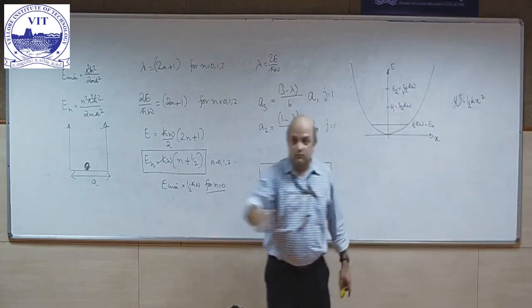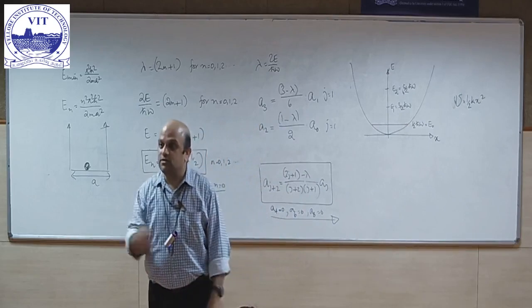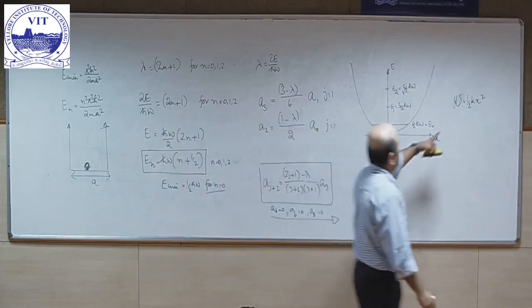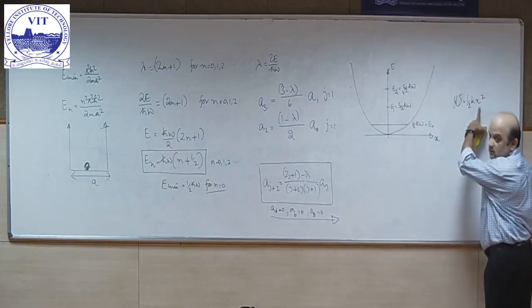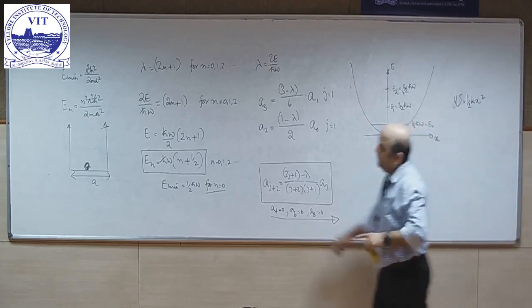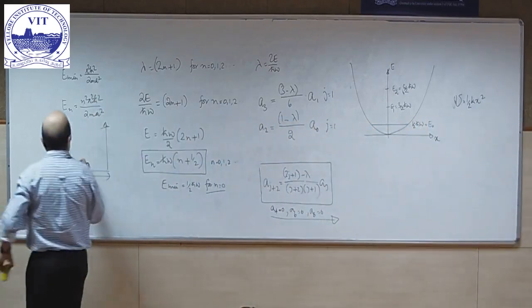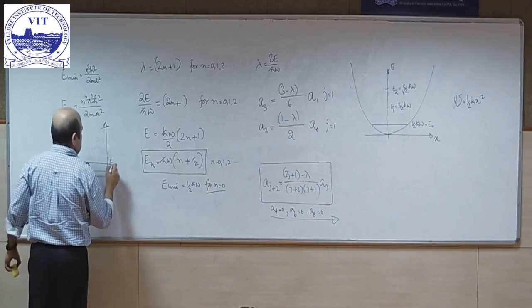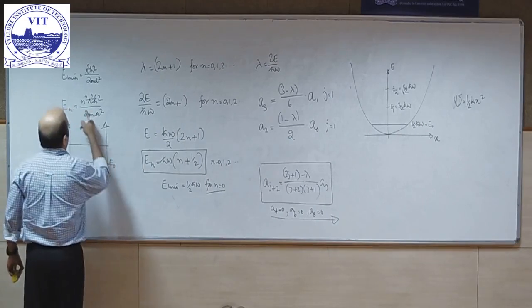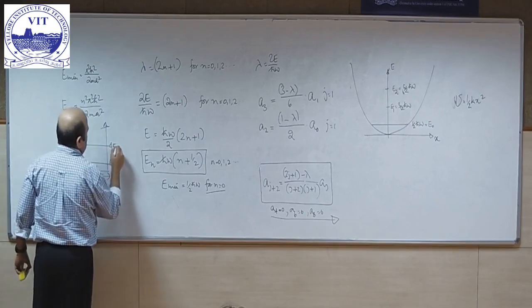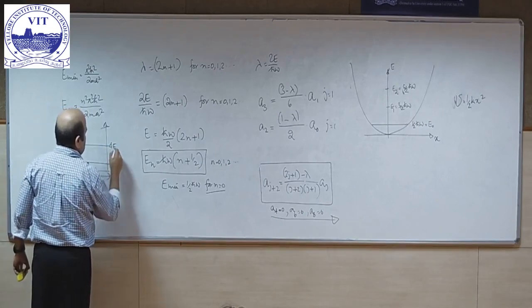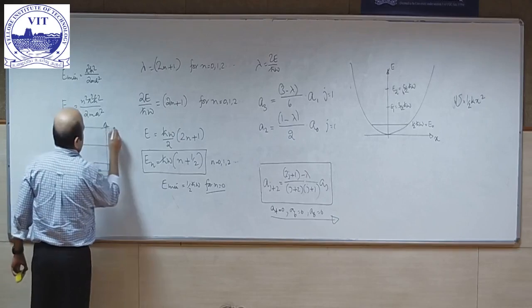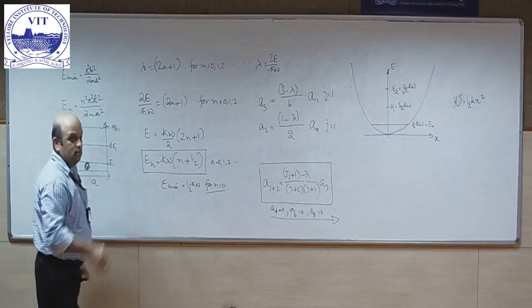As and when this oscillates with larger and larger amplitude, the energy also increases quadratically. While here, the energy levels are well placed, E1, then 2 square is 4 times E1, and then 9 times E1, etc.